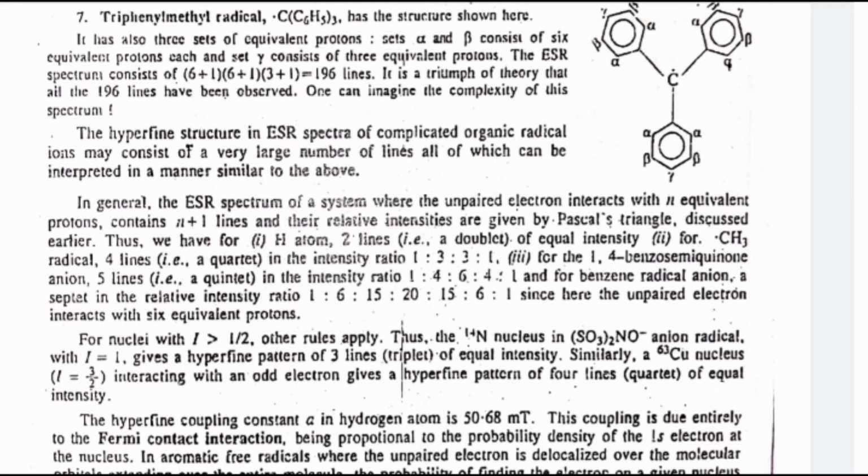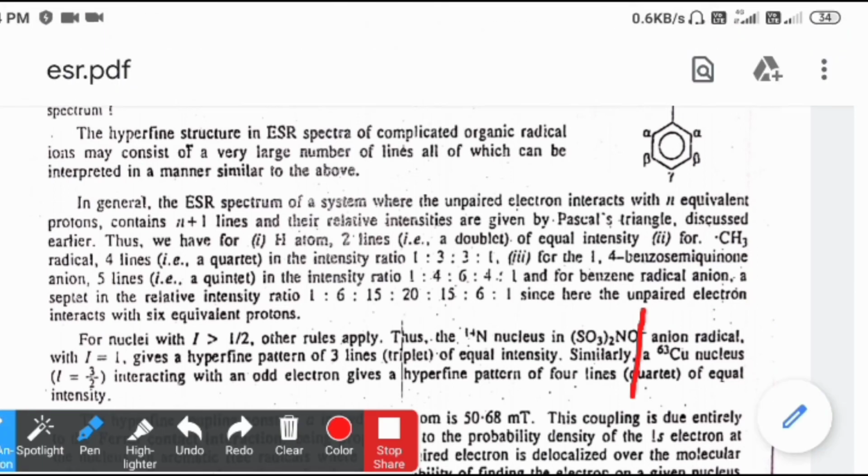And how are we doing this plus 1 directly? Because we know that the formula is 2nI plus 1, and in case of proton this I value is 1 by 2, so that 1 by 2 cancels.